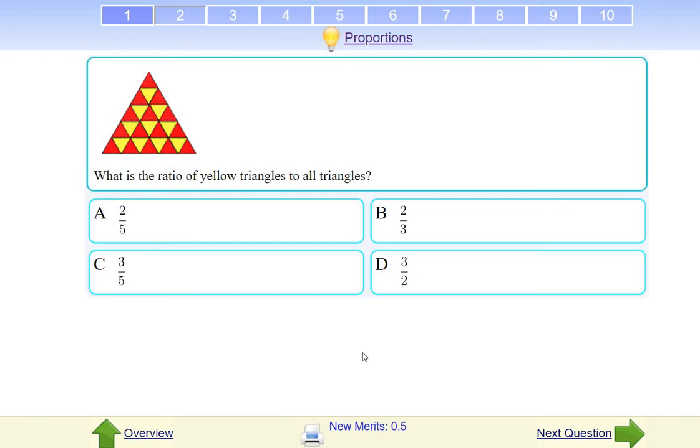What is the ratio of yellow triangles to all triangles?